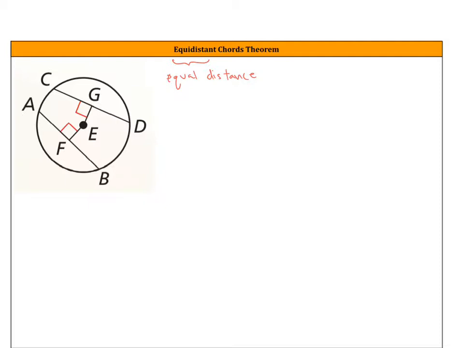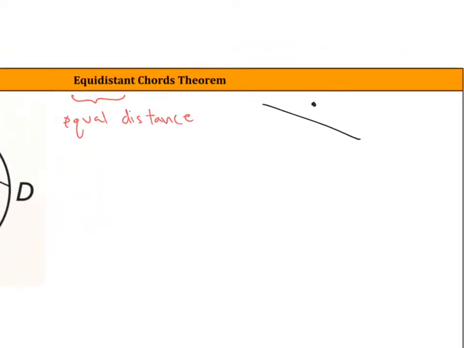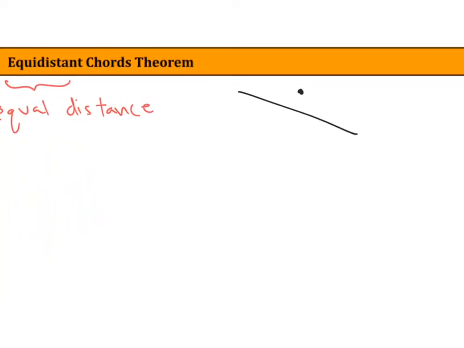So very quickly, here's how we typically measure distance. If we have a line and there's a point not on that line, if I wanted to try and figure out how far away the point is from the line, there's multiple ways to measure.